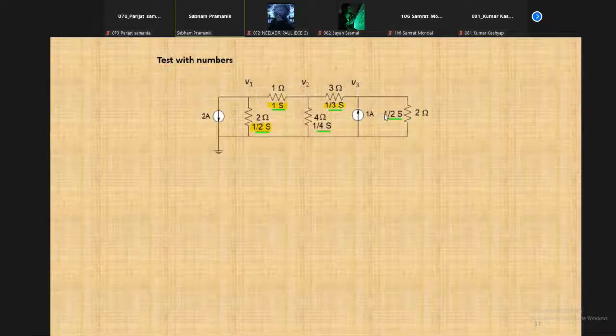So how do we write the node equation then? What will be the first node equation?